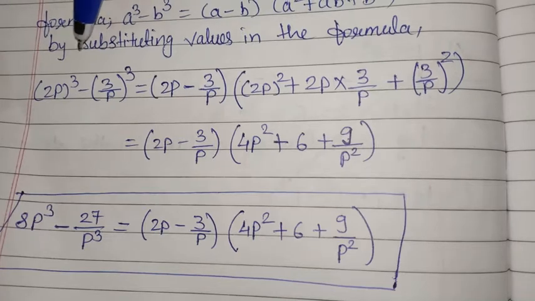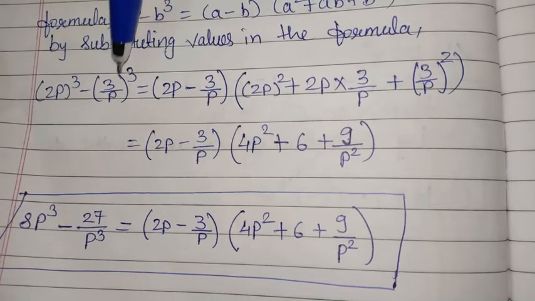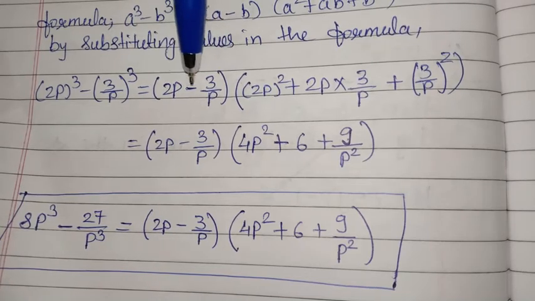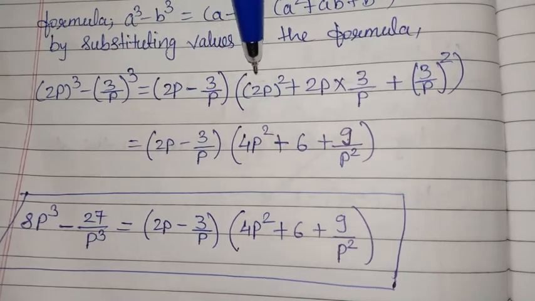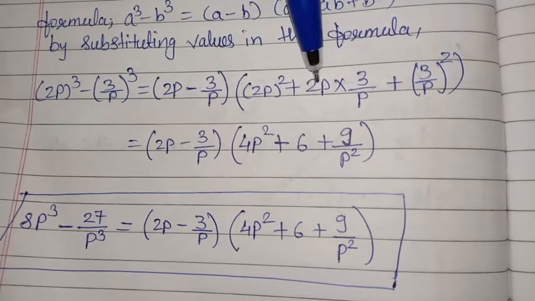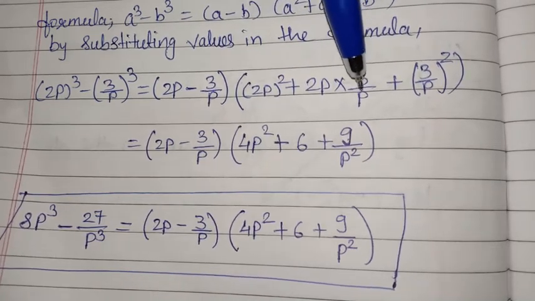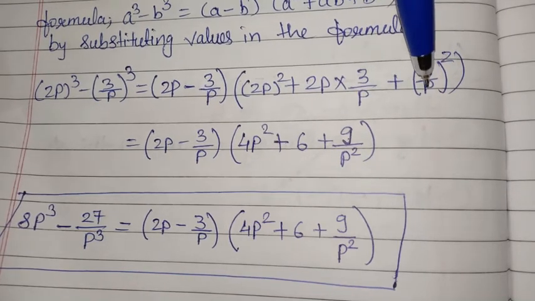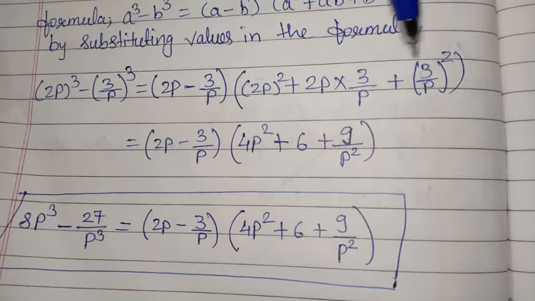So 2p cube minus 3 upon p bracket cube is equal to a minus b means 2p minus 3 upon p, a square means 2p square plus ab means 2p into 3 upon p plus b square means 3 upon p bracket square.